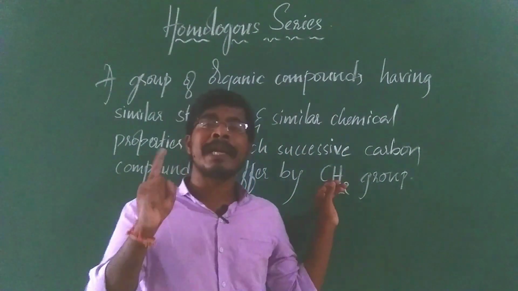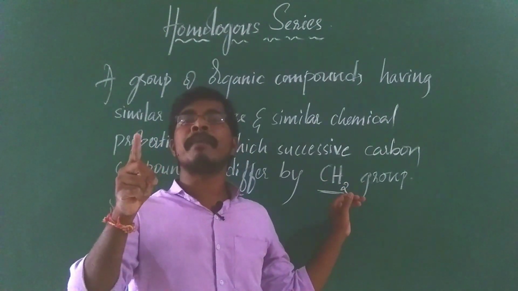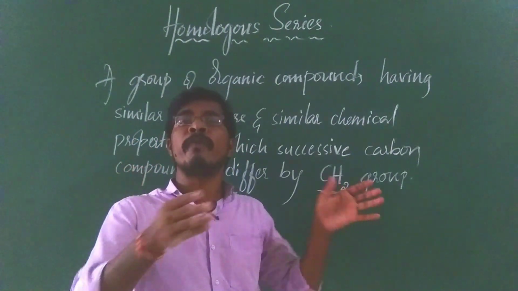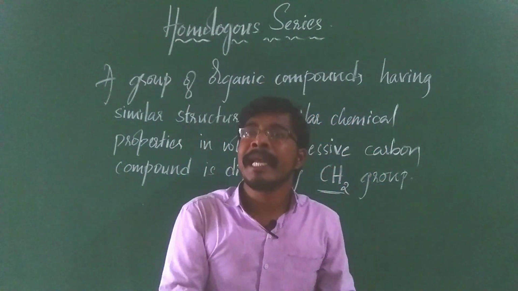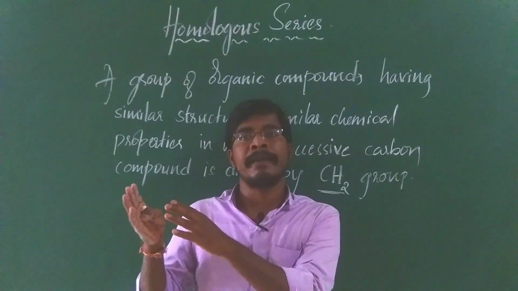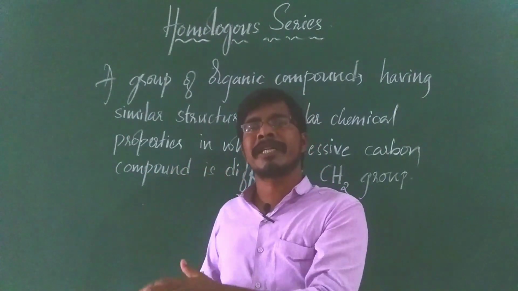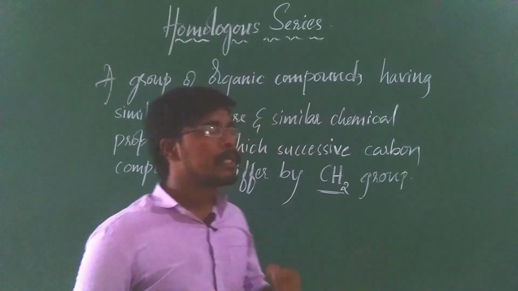That in the sense one carbon and 2 hydrogens, whenever you write the same group of atoms. Suppose you are taking alkanes, all the alkanes will have similar structures. I will go with some examples.